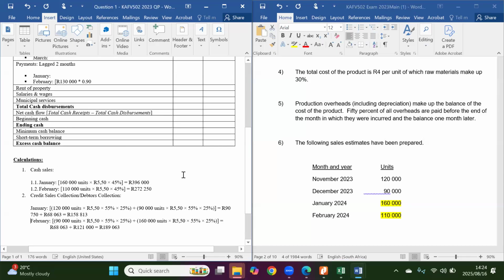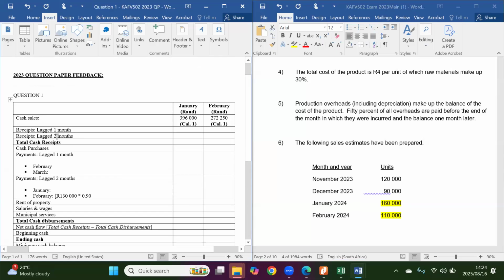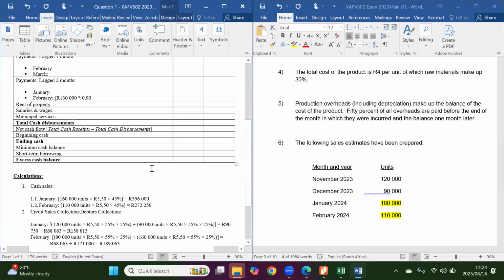So what you do now is go back here, where it says receipts, select 1 month. Obviously that would deal with the month of January.